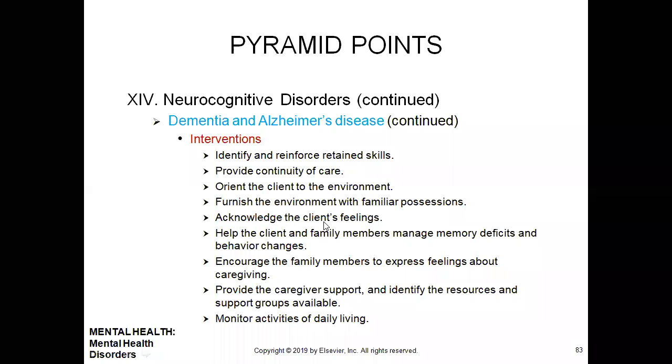Acknowledge the client's feelings, and help the client and family members with memory deficit and behavioral change. Encourage the family members to express their feelings about caregiving, provide caregiver support, identify resources and support group availability, and monitor activities of daily living.